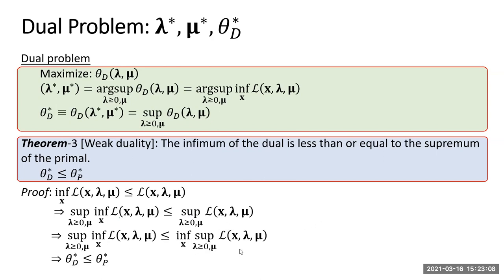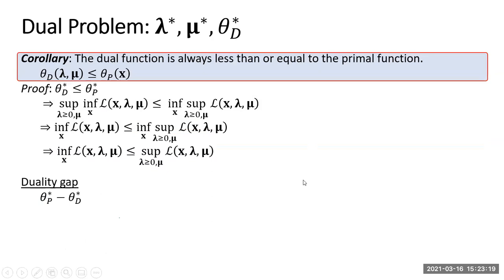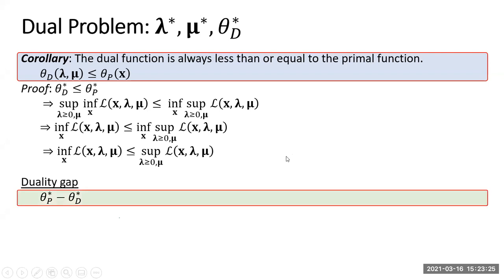This is theta d star and this is theta p star. This is what I showed. And so the difference is called the duality gap.